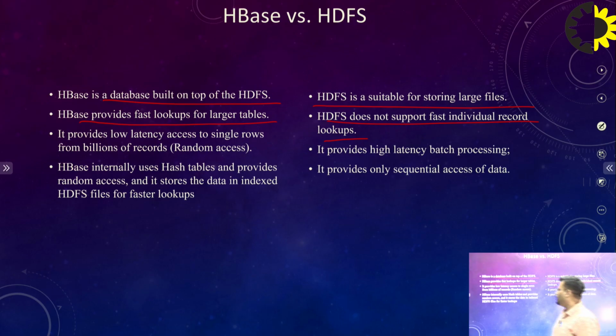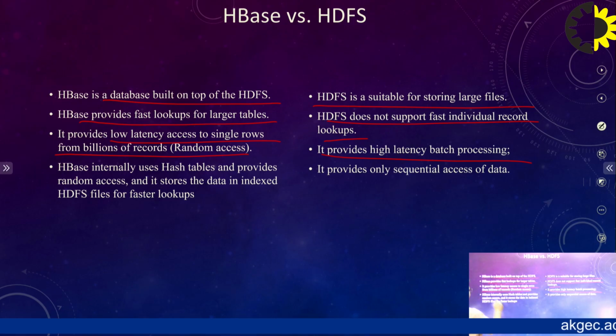HBase provides low latency access to a single row from billions of records, with random access. HDFS provides high latency batch processing. HBase internally uses hash tables and provides random access, and it stores the data in indexed HDFS files for faster lookup. HDFS provides only sequential access of the data.